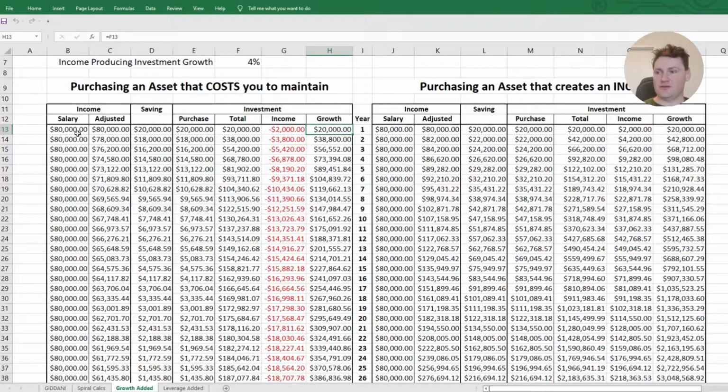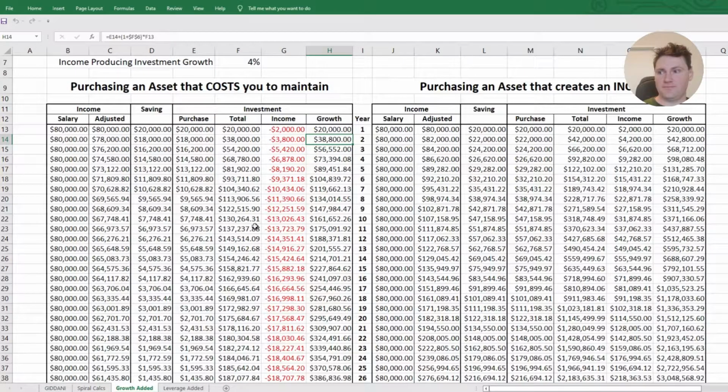But at the end of year two, there is growth on your initial $20,000. So in this example, the income has decreased your savings ability, which has decreased your purchasing ability. So in year two, you're able to purchase your $18,000 asset, same as before. And instead of the total being $38,000, the growth is $38,800.